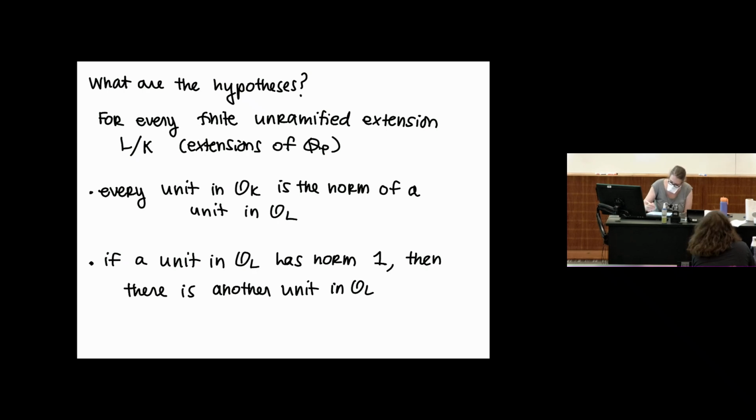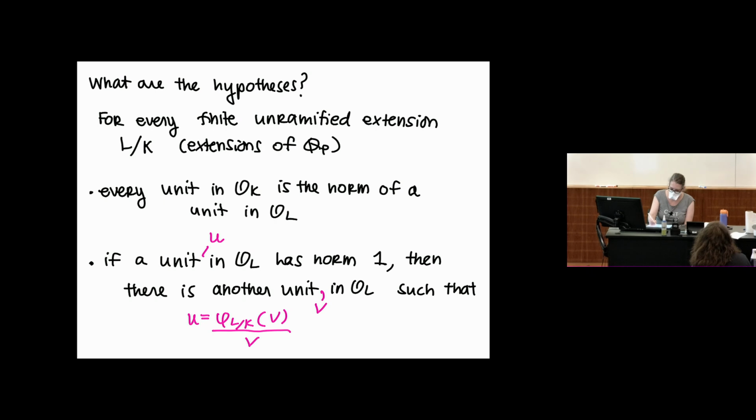So I need, if a unit U in OL has norm 1, then there's another unit V in OL such that U is, so in this case that'll be the Frobenius of V over V. So two Galois conjugates always have the same norm because, you know, if you take like the product of like acting by Galois up here and the product of acting by Galois up there, you get the same terms just in different order.